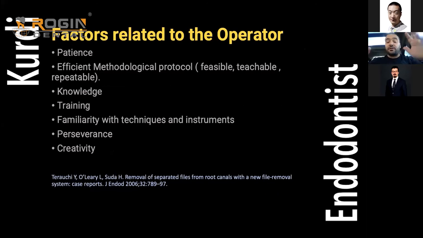Also, we have factors related to the operator: patience, to have a good protocol, knowledge, to be trained to deal with such cases, to be familiar with the techniques and instruments, to have perseverance, and indeed creativity, but to a certain limit, please. I always say that creativity is good, but sometimes it kills. So please be creative, but to a limit.